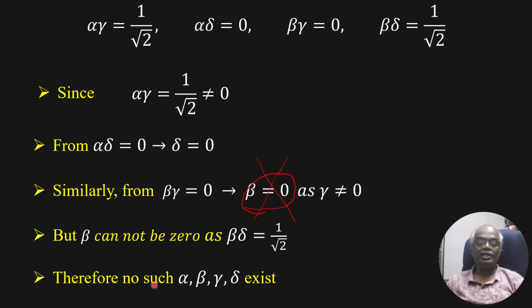Therefore, there is no such alpha, beta, gamma, delta that exists. So that means you cannot make a linear combination of these two states, which are independent states. So that means the Bell state is a combined state, not an independent state.